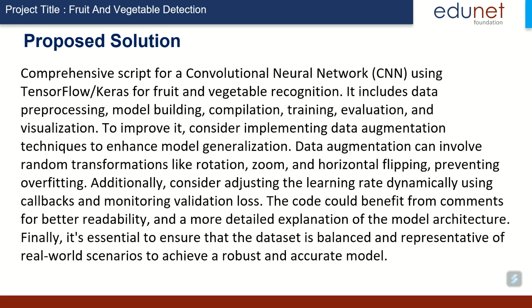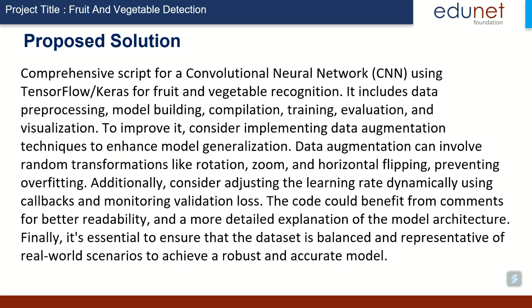Here is our proposed solution for the problem statement. A comprehensive script for a convolutional neural network using TensorFlow and Keras for fruit and vegetable recognition. It includes data preprocessing, model building, compilation, training, evaluation, and visualization.